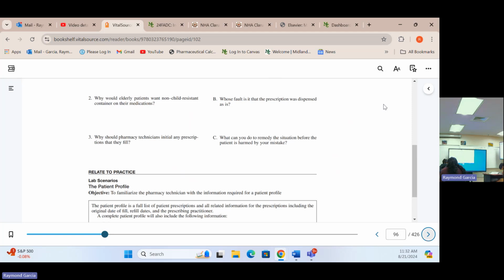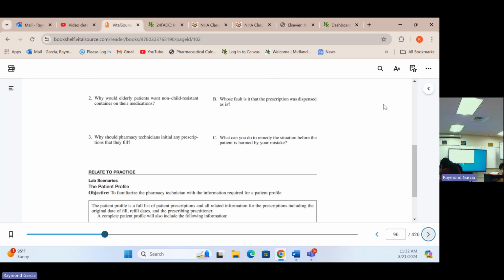The last letter C: what can you do to remedy the situation before the patient is harmed by your mistake? During busy times, take the time to perform the proper checks for each prescription to help prevent the situation.